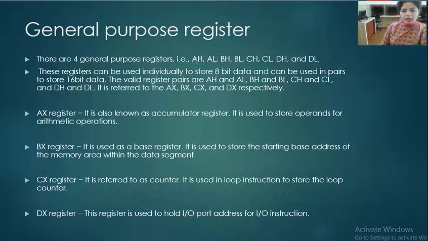Look at this, AH and AL. A stands for accumulator, H stands for high order bits, whereas L stands for low order bits. So 8 bits are of high order and 8 bits are of low order. So AX register is a combination of AH and AL. You can also write this in the definition. AX is a combination of AH and AL.